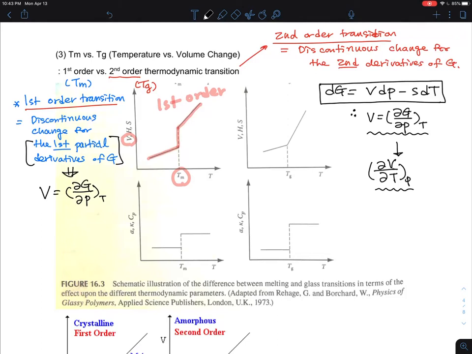But what you can see here is that this is second order, because this is the first order derivative, and this is the second order derivative, and it should be discontinuous at the temperature Tg.